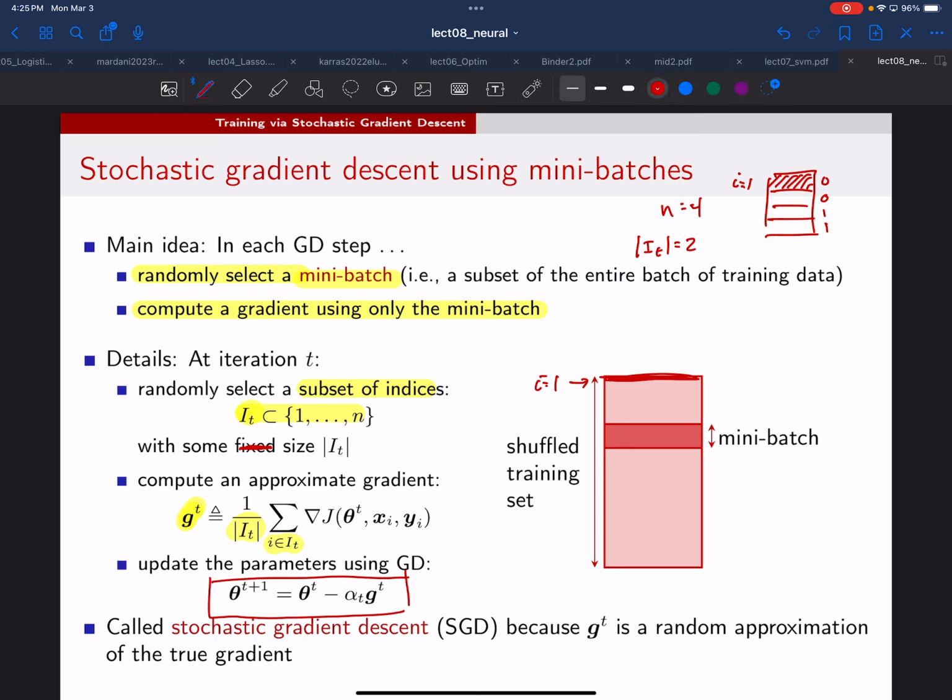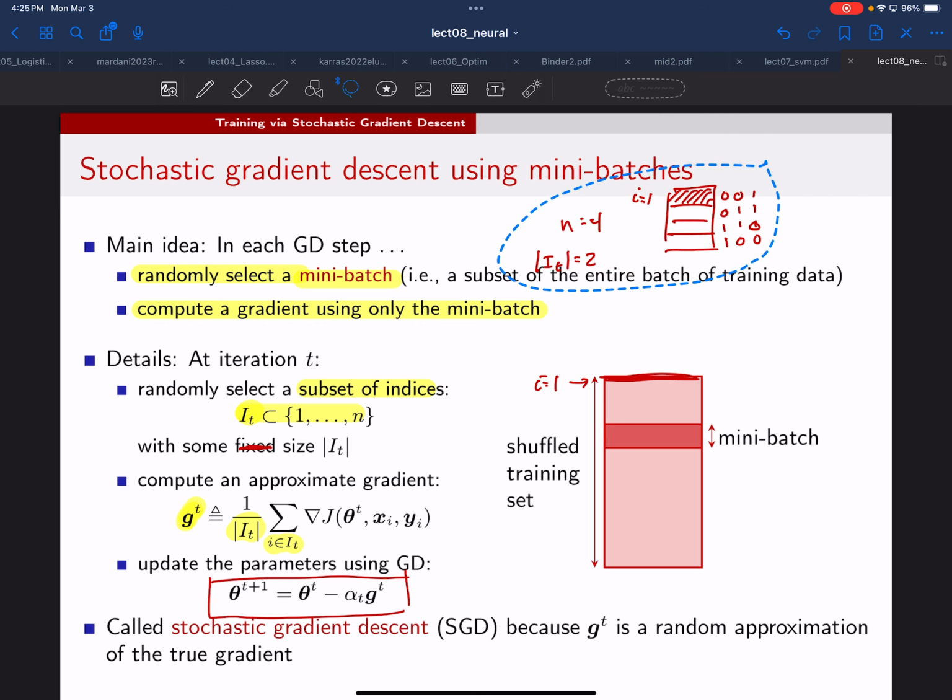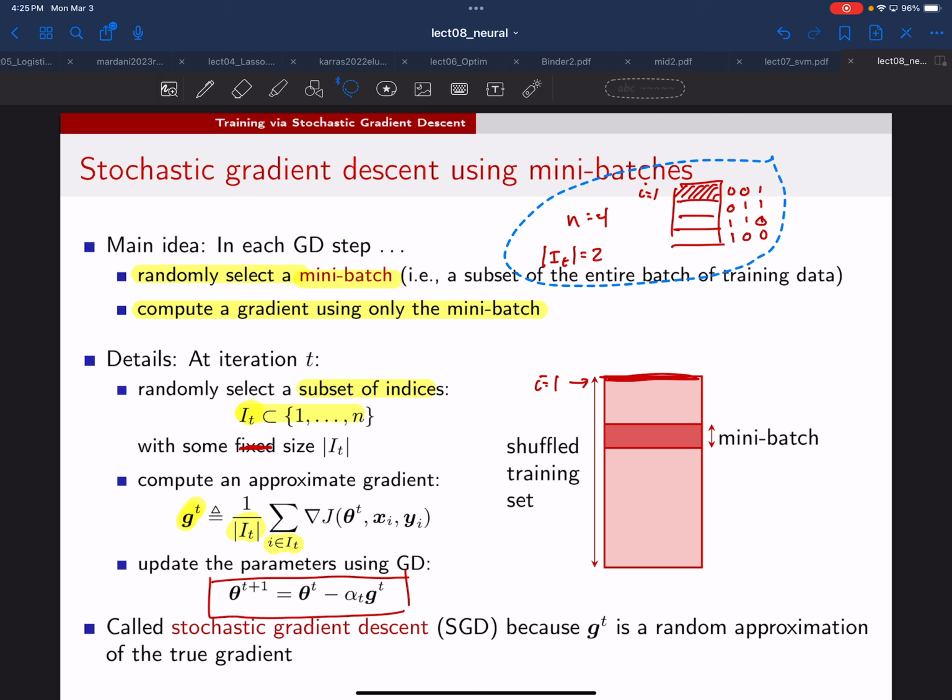I could make another subset like that, and another one like that. Let's see, maybe I could be more systematic about this. I'm just going to try to make all the different subsets I can.